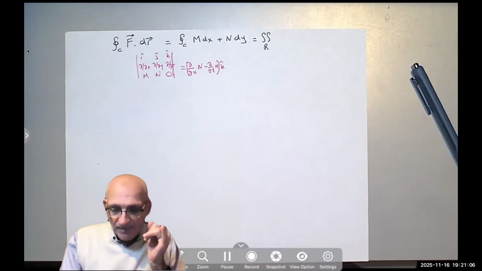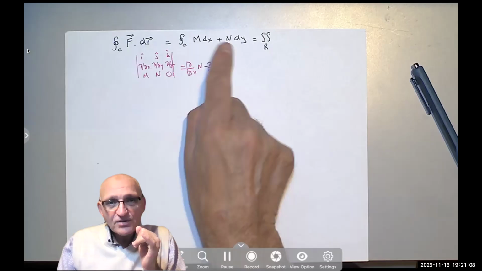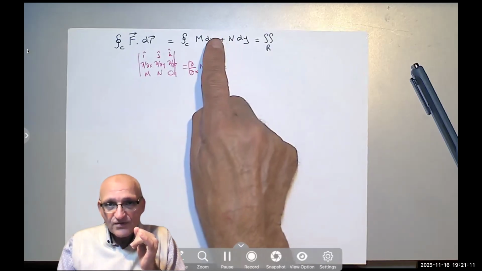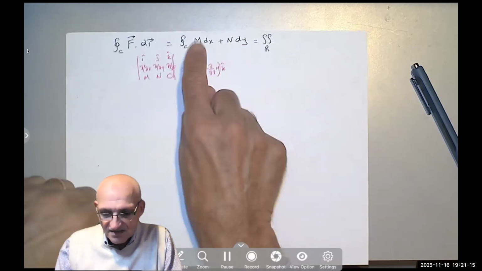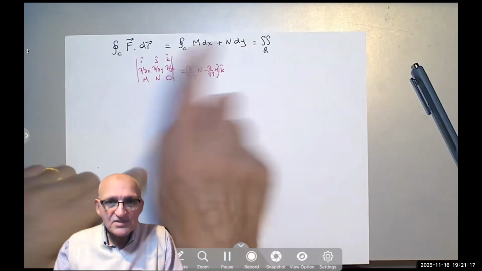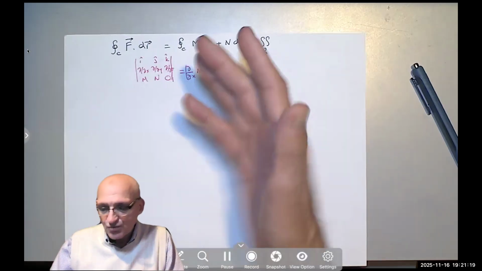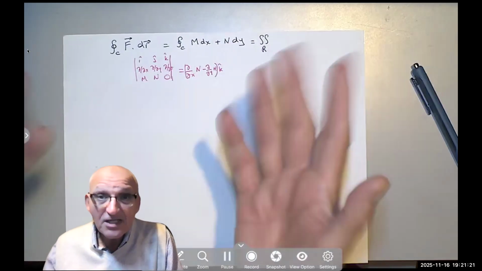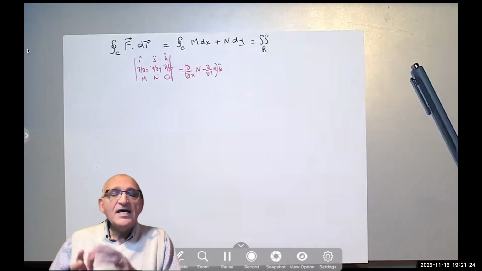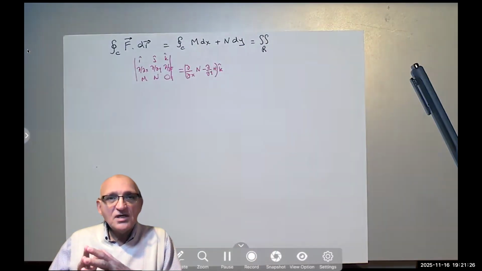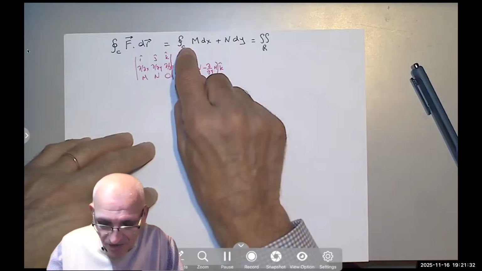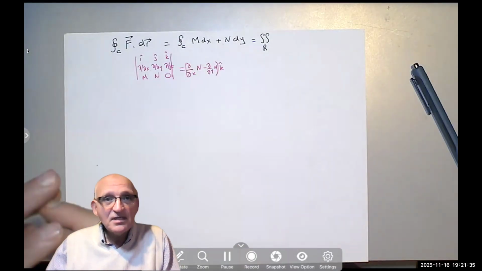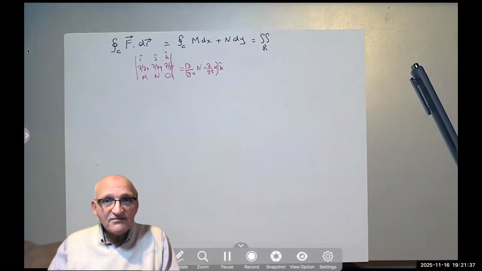So my function has two components in x and y. Both of them can contain x and y. I'm saying M is a function of x and y, N is a function of x and y, meaning we are in 2D. And these two, M and N, are differentiable. And this curve that is closed is simple and doesn't intersect itself.